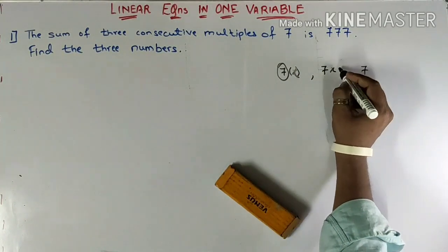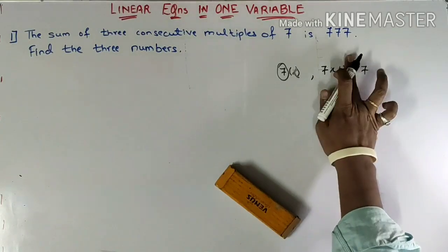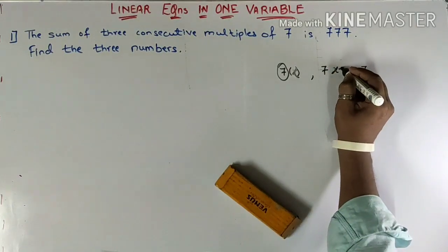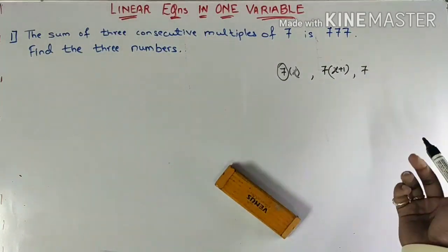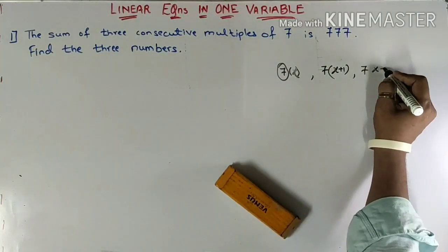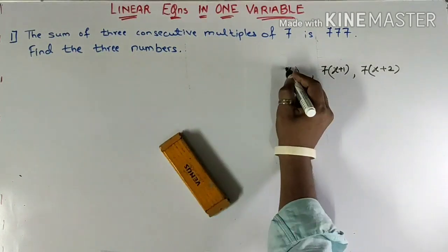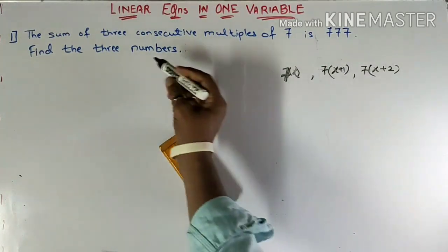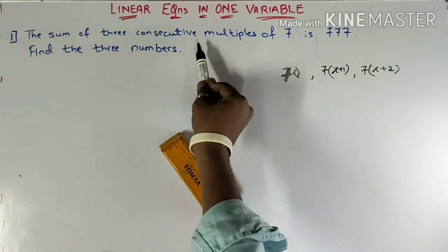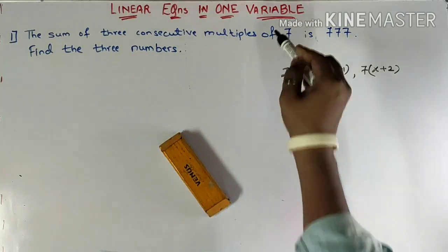The next multiple will be 7 into x plus 1, and the next consecutive multiple will be 7 into x plus 2. Please try and understand this again. We are talking about three consecutive multiples of 7.